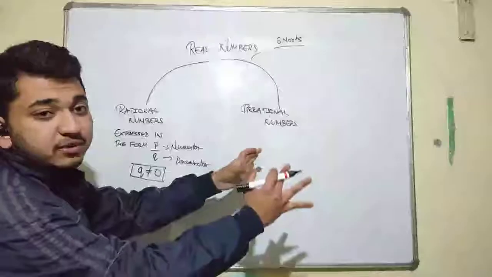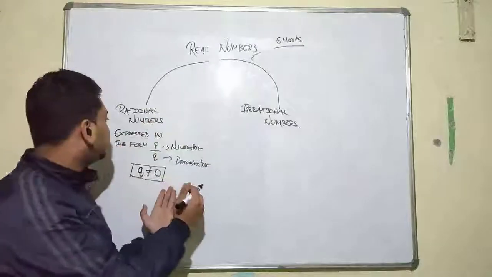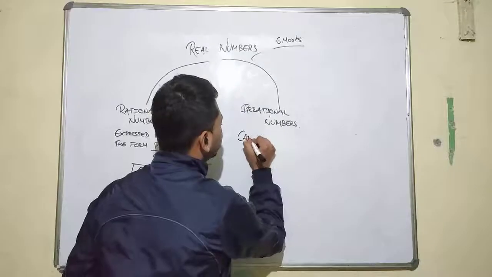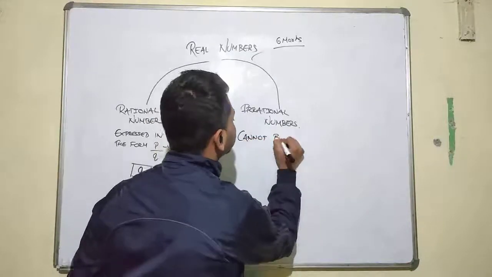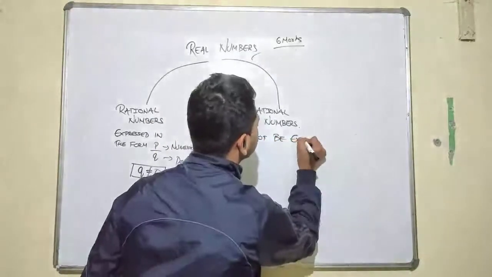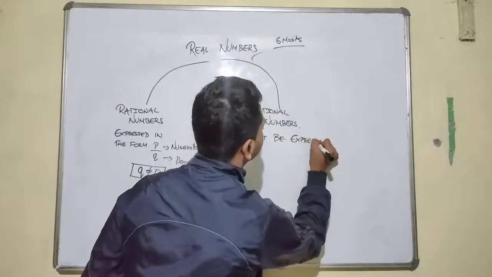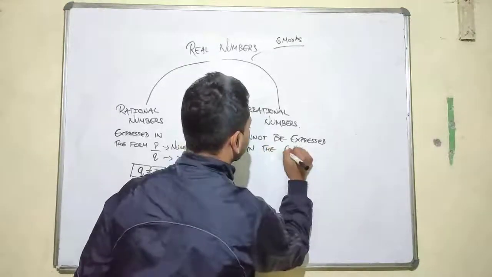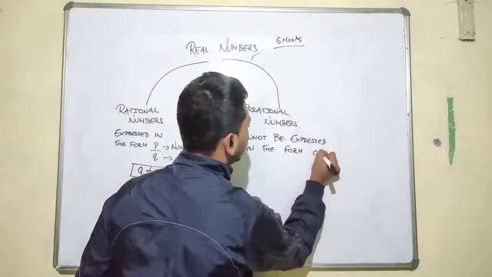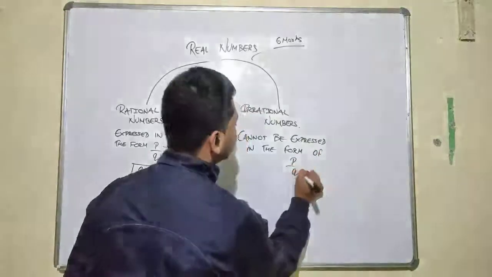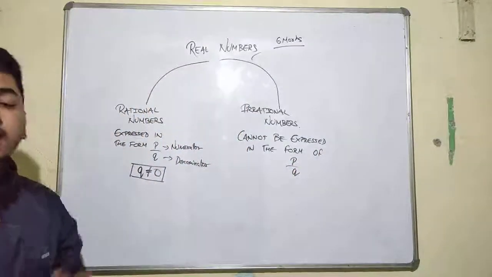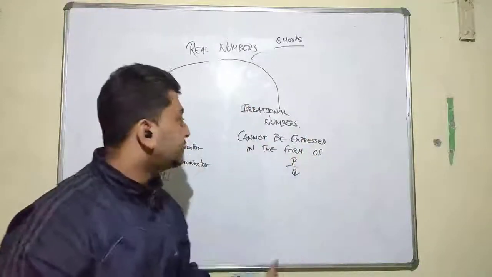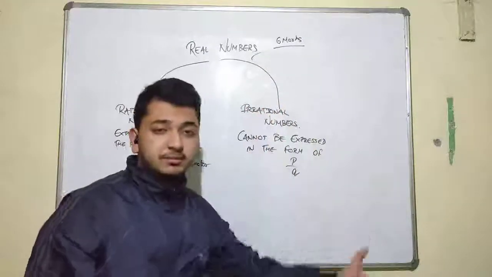So, irrational numbers are the numbers which cannot be expressed in the form of P by Q. Okay, the number which cannot be expressed in the form of P by Q is termed as irrational numbers.